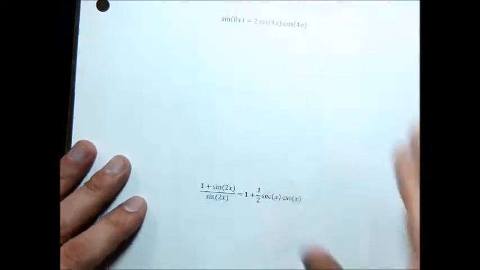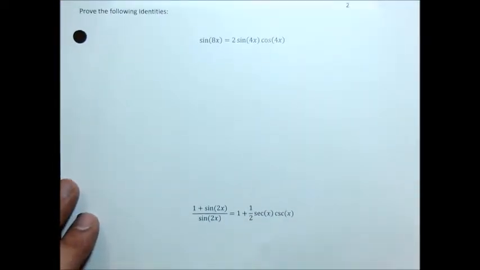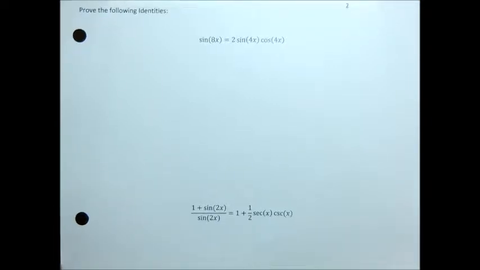So I hope you won't be surprised that we can prove identities with this stuff. Pretty much any formula in trig can be used in some context to prove some identity. And so I'd like to show you one of these and maybe ask you to think about the other one. I'll show you the first one.